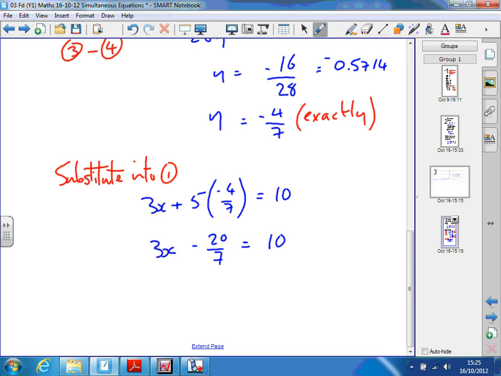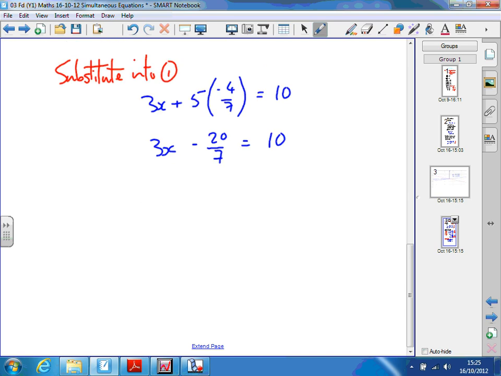Now what I'll do to get x? Oh yeah, I can see why you're doing that, to try and get rid of that 7 that's underneath. Yeah, we can do that. So multiplied by 7, we get 7 3s are 21x minus 20 equals 10.